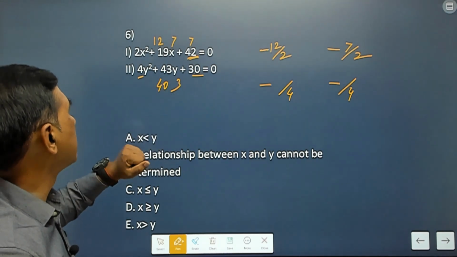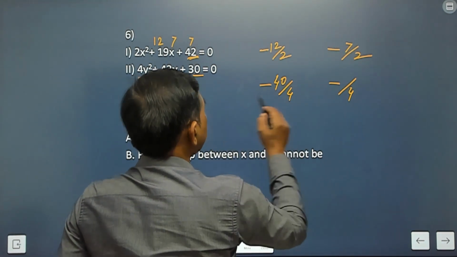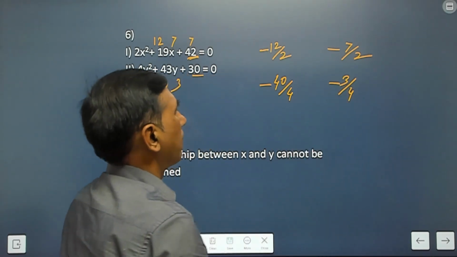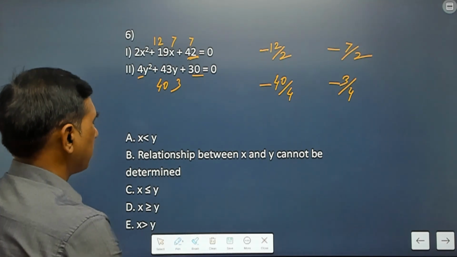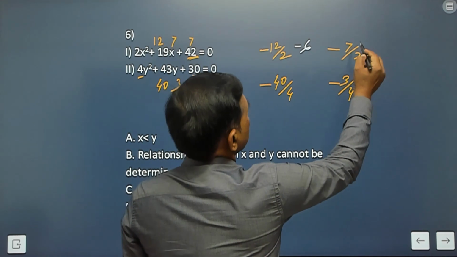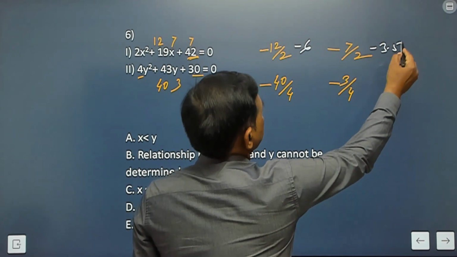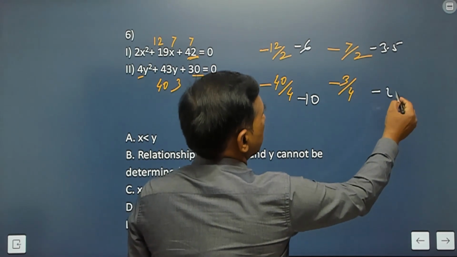So 40 into 3. Now 40 by 4 and 3 by 4. Now when you simplify it, you have minus 6, you have minus 3.5, you have minus 10, you have minus 0.75.